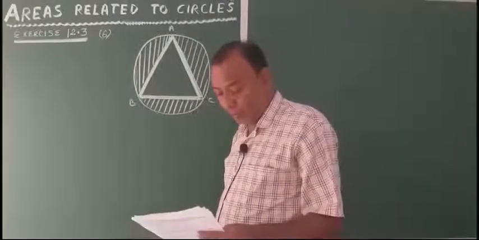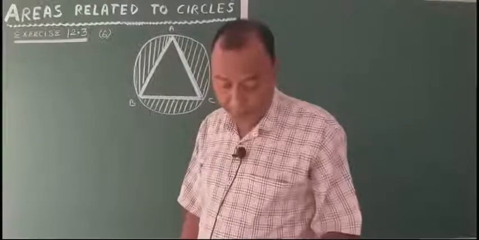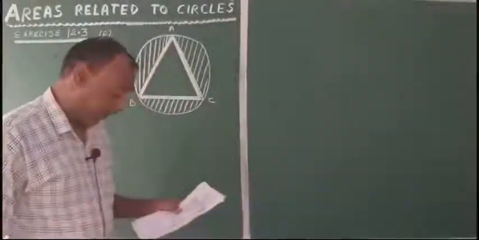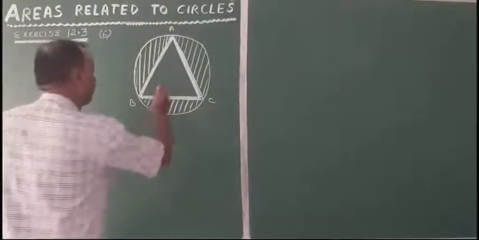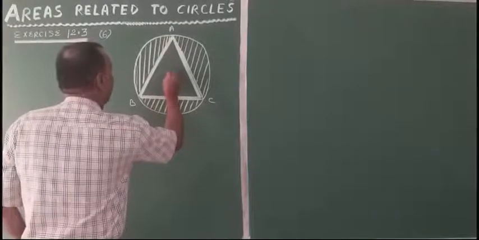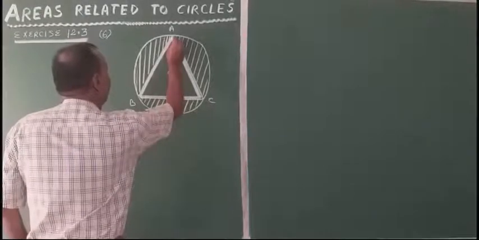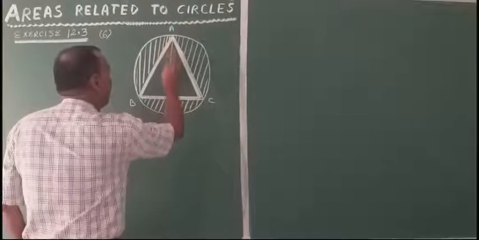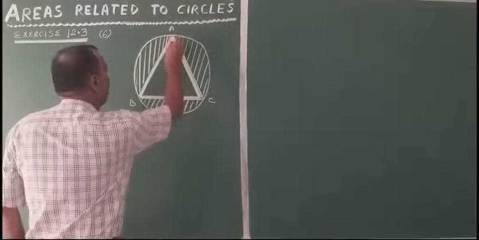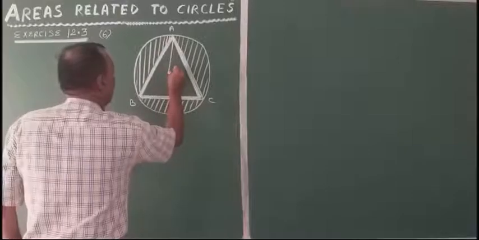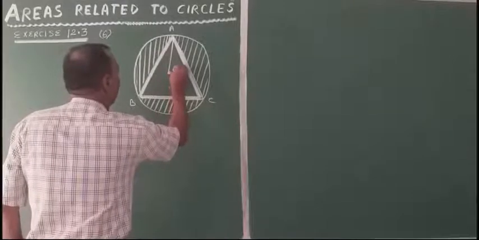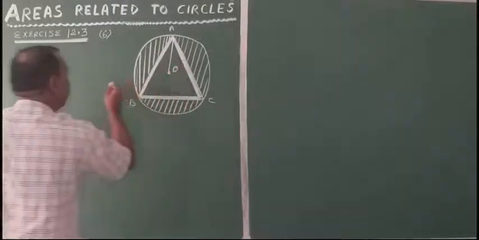In a circular table cover of radius 32 centimeter, this is the cover. This is the center O, and this radius is given.